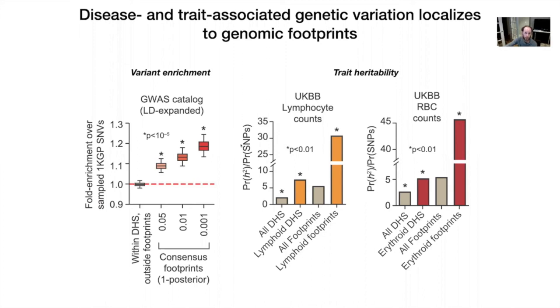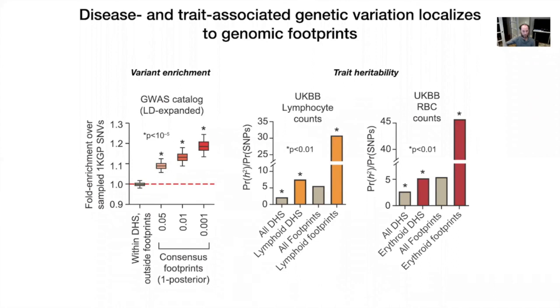For example, if you look at red blood cell counts in erythroid footprints, we see an enrichment of approximately 45-fold. So taken together, we conclude that the genetic signals from disease and trait-associated variants are emanating primarily from TF footprints within DHSs, and that the variants within footprints seem to be the major contributors of trait-based heritability in regulatory DNA.